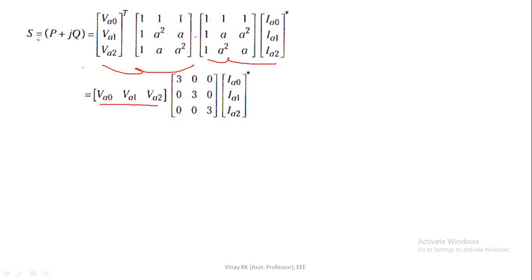Similarly, by multiplying these, we can get 3, 0, 0, 0, 3, 0, 0, 0, 3. So here you can get A to the power 4, that we can write as 1.